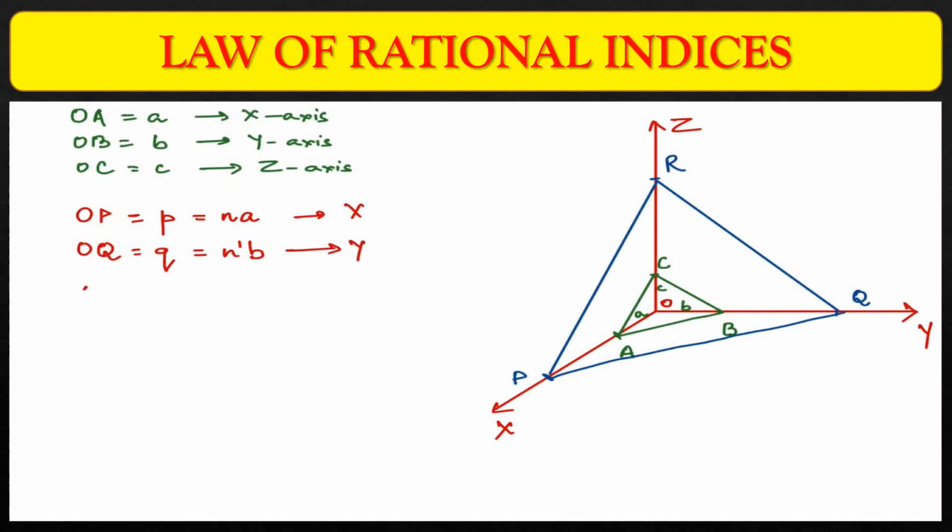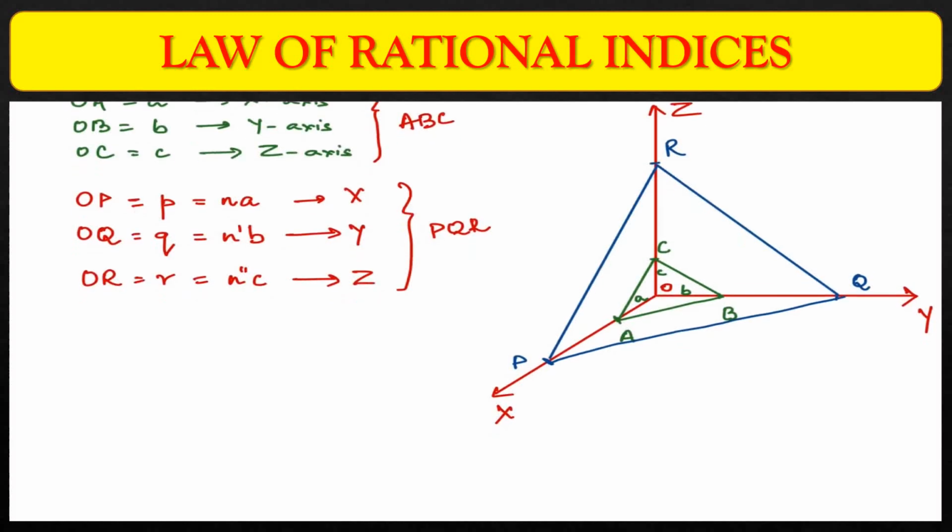Next, let the intercept made by this plane PQR along the z-axis be OR, equal to small r, and that is n double prime times the intercept C made by the unit plane along the z-axis. So altogether we have got a set of intercepts for the PQR crystal plane and for the ABC unit plane.